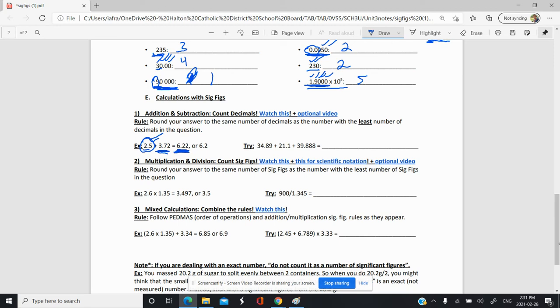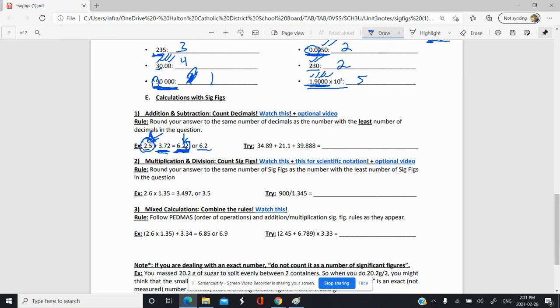I can't have a final answer that's more precise, with more decimal places, than my measurement that's not very precise. Otherwise I'm kind of lying about how good my measurements were and how good my tools were. So I really need to round this to having only one decimal place. If I have 6.22, I want to round it so I only have this number here. If I look next door, it's a 2, so I round down to 6.2.